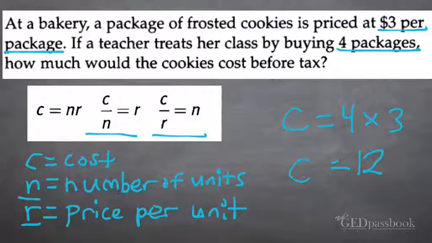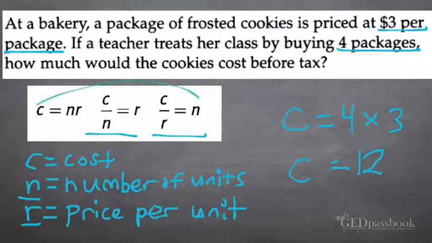If they ask how many things did you buy when it cost this amount, and each thing cost this amount, that's when you use this one. It all depends on the word problems, and you guys have to keep your eyes peeled so you could figure out which one of the formulas you're going to use.